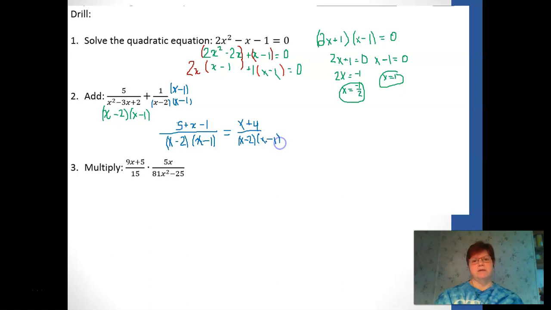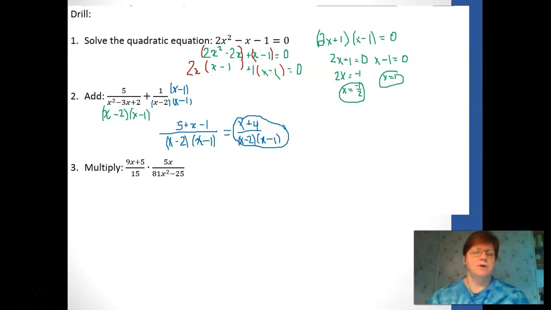We might think, since this is a rational expression, when would my denominator be 0? Your denominator would be 0 when these equal 0, so x equals 2 and x equals 1 would be when it's undefined. That wasn't the question. All we had to do was simplify, so all you had to do was get to there.